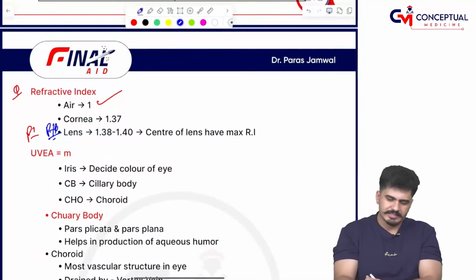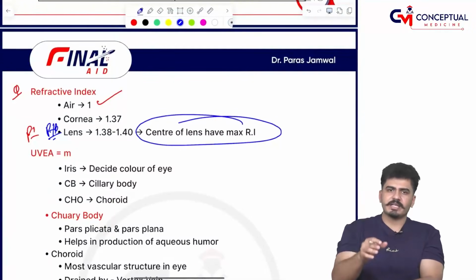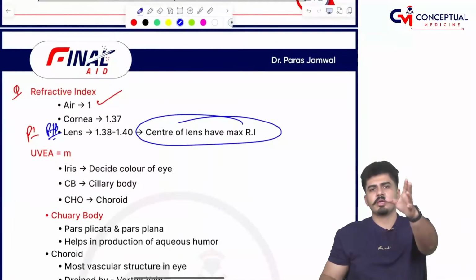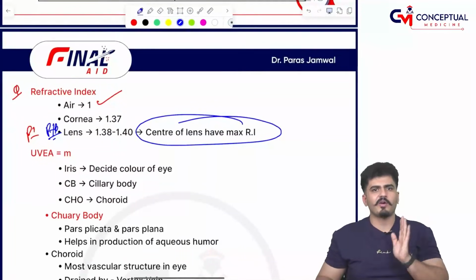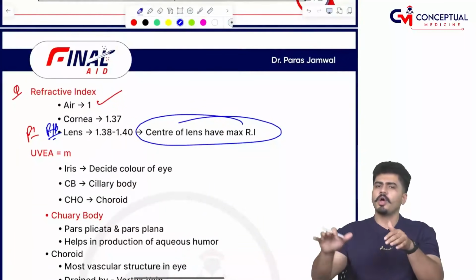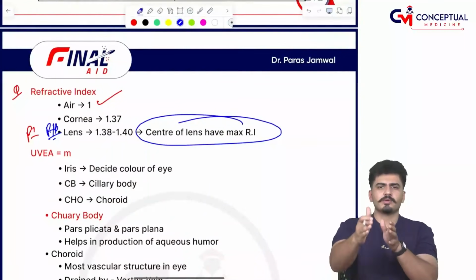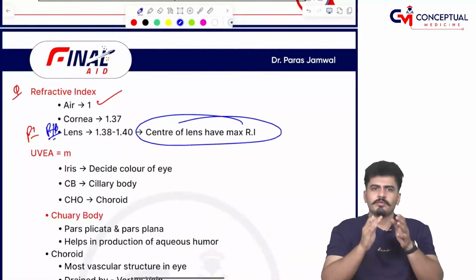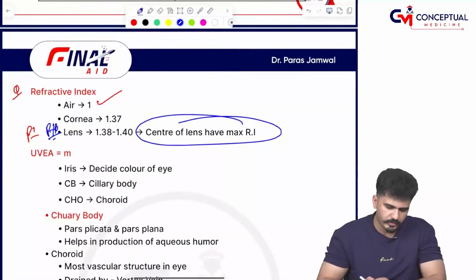That is for the center of the lens, which is having the maximum refractive index of 1.40. Air 1 straight away, cornea 1.37, lens it is 1.38 to 1.40. Where is maximum? Your answer is going to be, it is in the center. And how much is it? Your answer is going to be 1.40.